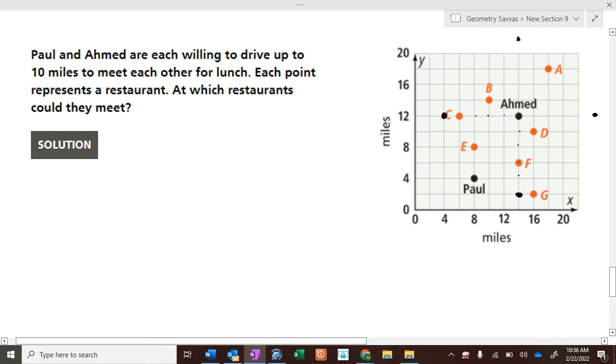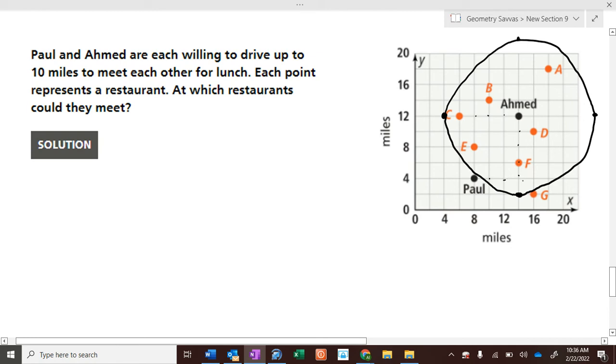So Ahmed will drive that far away. Can he drive to G? No, G will be just outside his 10-mile circle. That's Ahmed's circle. Now let's look at Paul's circle.